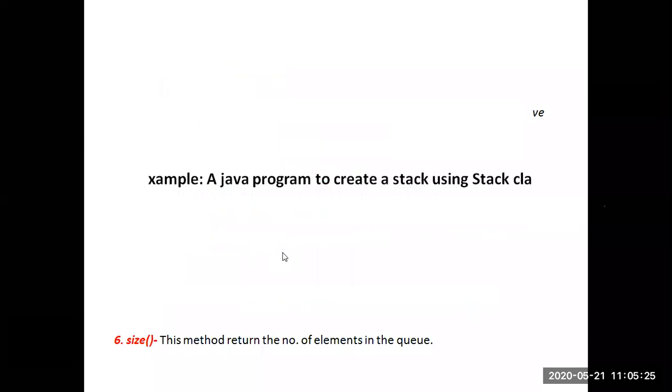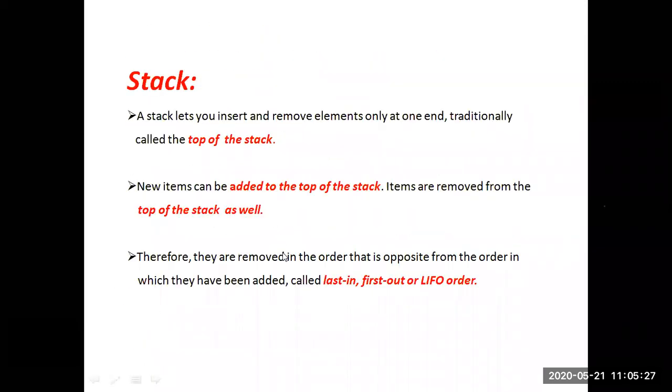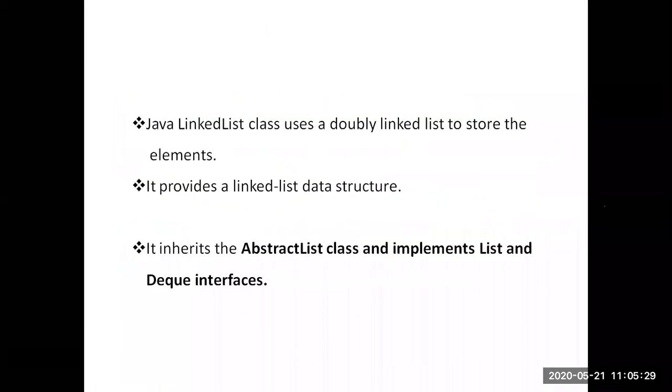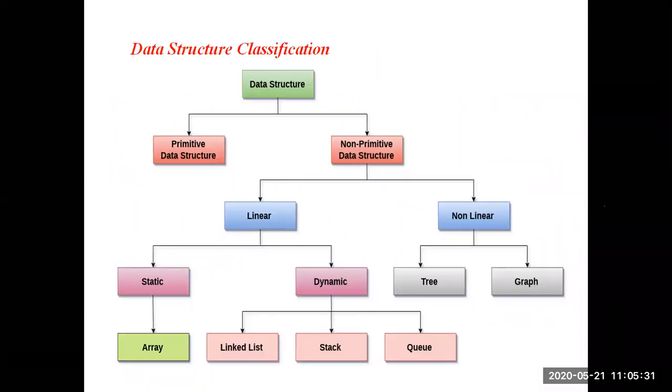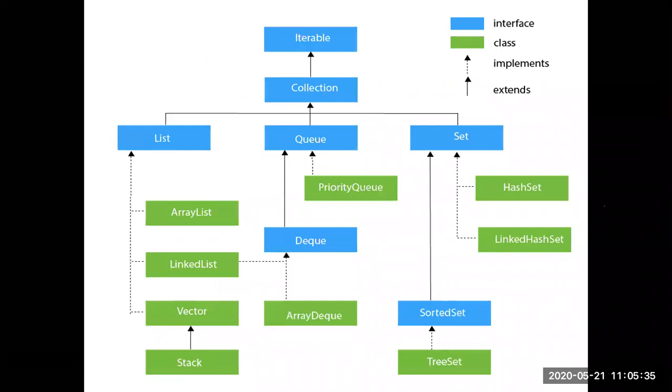If you see that diagram from before, for creation of sets we have a separate interface called set. This set interface can be implemented by three different classes: HashSet, LinkedHashSet, and TreeSet.